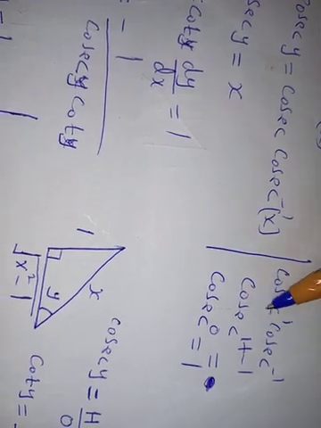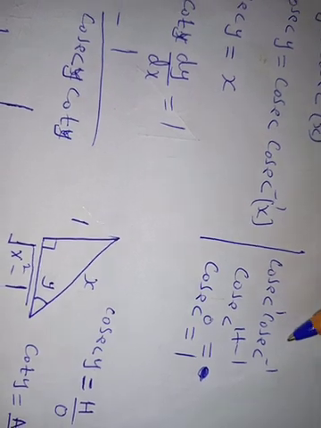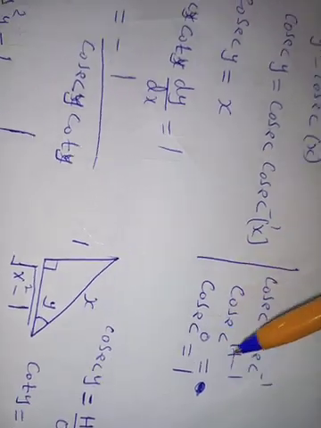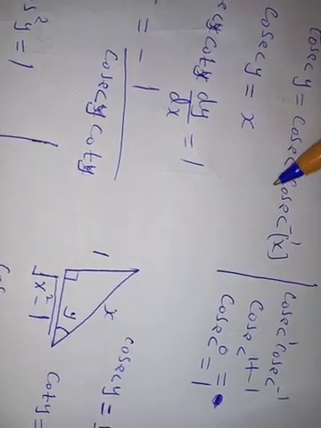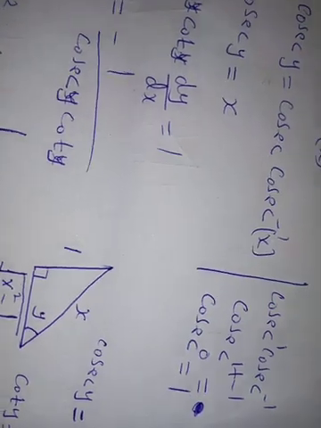When you are multiplying two functions, you add the indices. So you have 1 plus -1, which is equal to 0. Any number power 0 is 1.